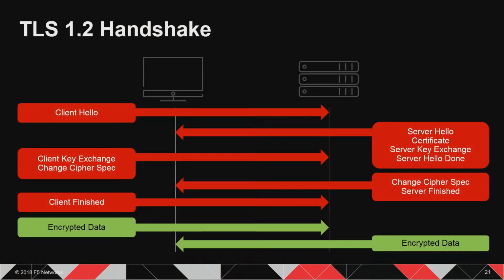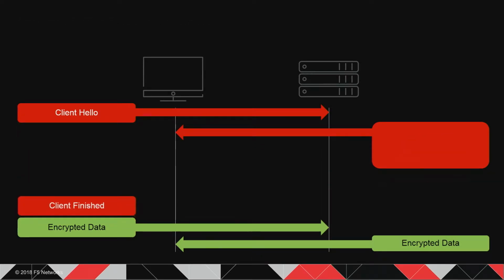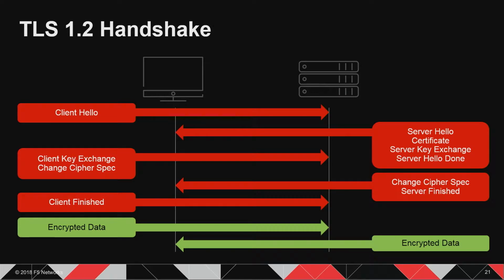All right, so these are the handshakes, going back to TLS 1.2. In TLS 1.2, you have your client hello, the server hello comes back with its server certificate, the server key exchange, server hello done.